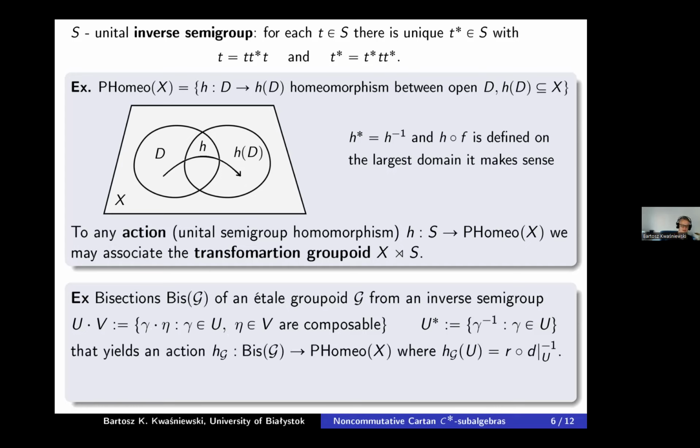And this gives us that G is an inverse semigroup, and it acts on the unit space by the partial homeomorphisms that we discussed on the previous slide. So this gives us an action.